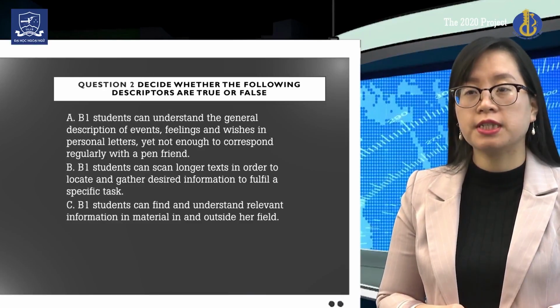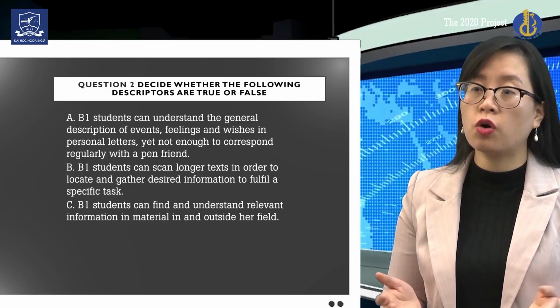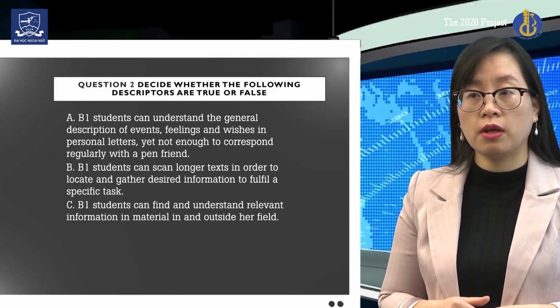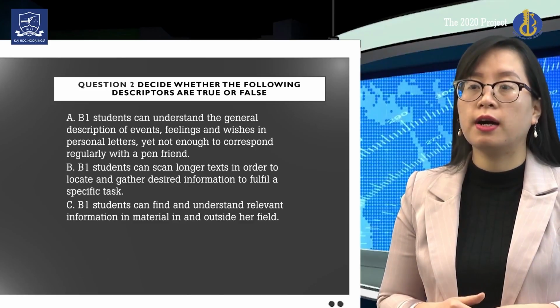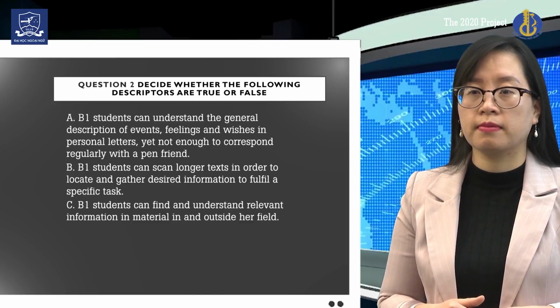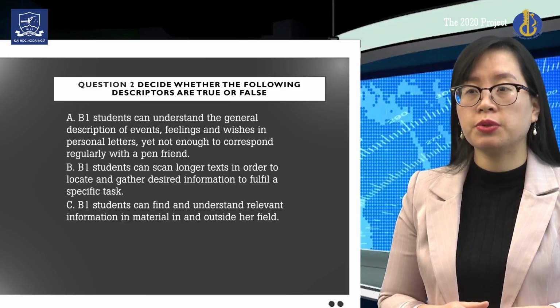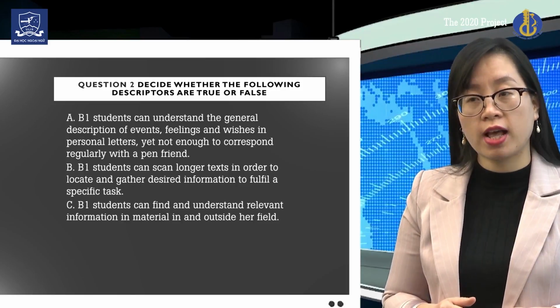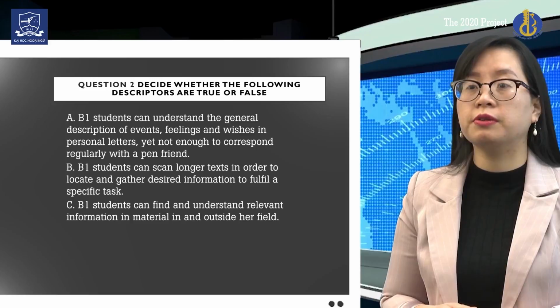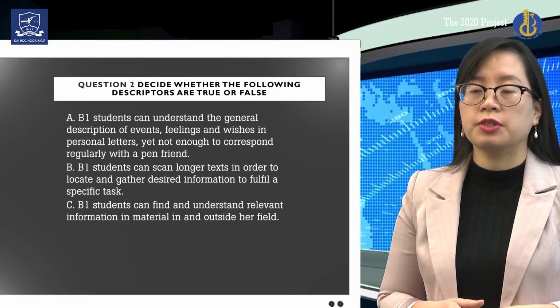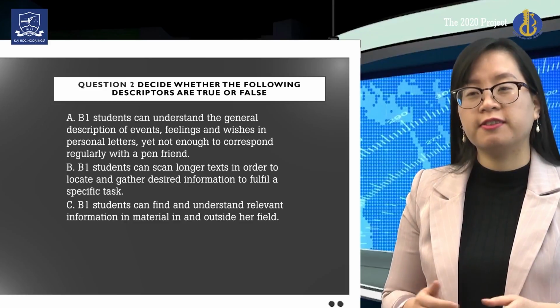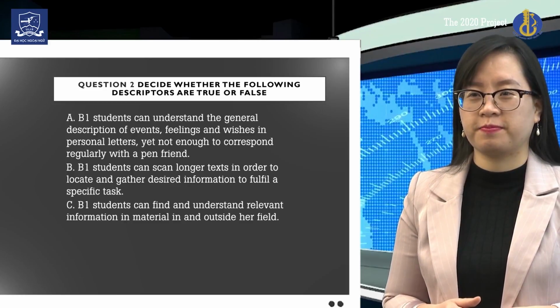B. B1 students can scan longer text in order to locate and gather desired information to fulfill a specific task. C. B1 students can find and understand relevant information in materials in and out of field. The answers will be given to you after 15 seconds.